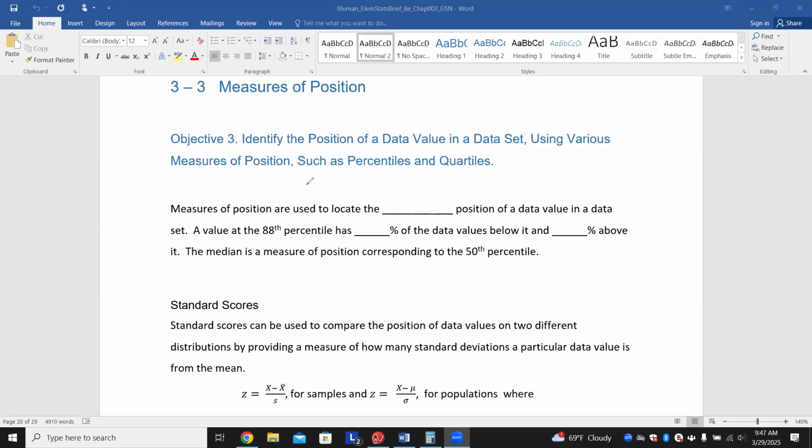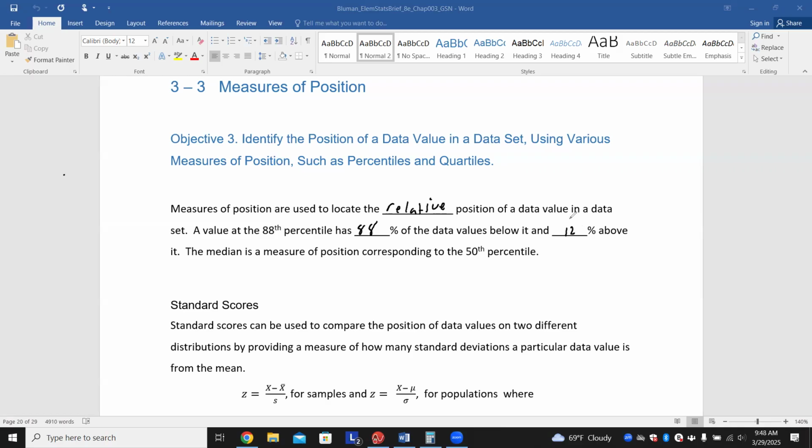So measures of position are used to locate the relative position of a data value in a data set. A value at the 88th percentile has 88% of the data values below it and 12% of the data values above it.